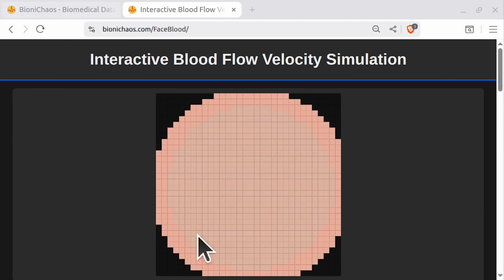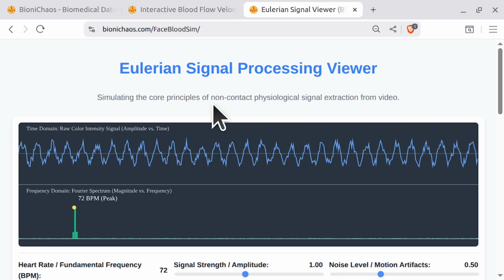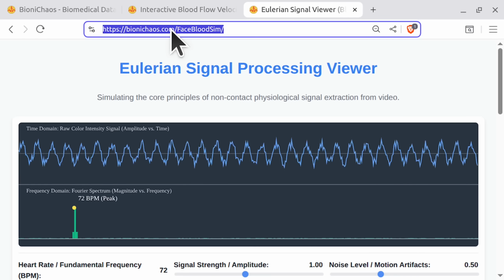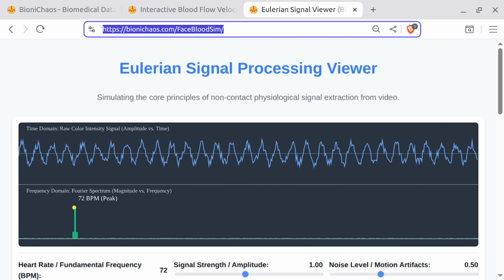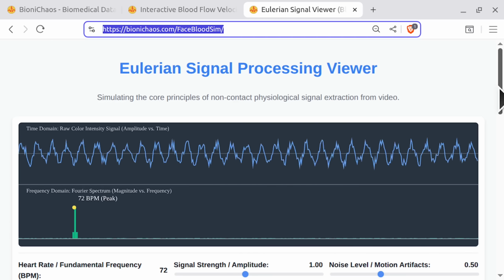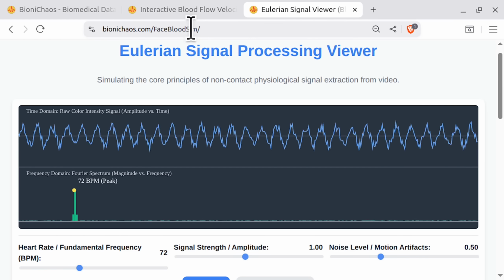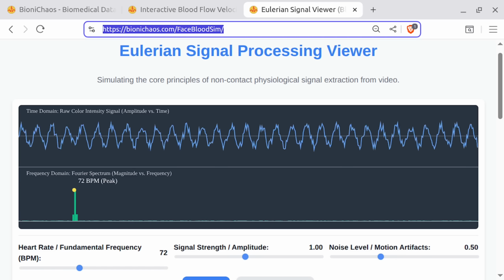Okay, so we have the face blood simulation. So this is now deployed. This is essentially telling you how the principle of calculating the actual beats per minute from the pulsation of a specific color, or all the colors, all the RGBs, and extracting the frequency, assuming of course that the main pulsation is the phase on the video footage.